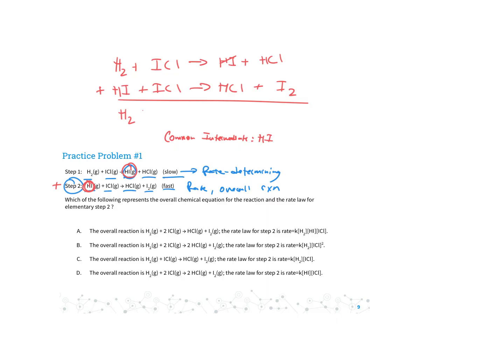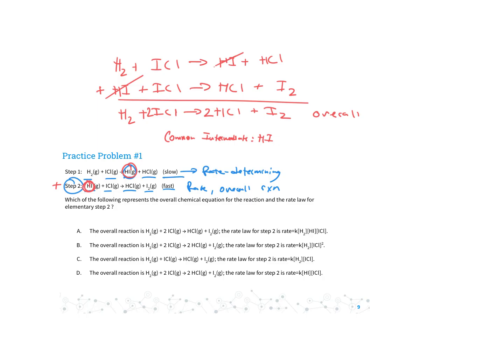We have ICl in both, so we get two ICl's. We have HI on the left and HI on the right, and so both of those will cancel, and we don't end up seeing that in our final overall reaction. We have two HCl's on our right side, and so we end up making two HCl's, and I apologize, I meant to put a 2 in front of ICl. And we make I2. And so overall, this would be our reaction.